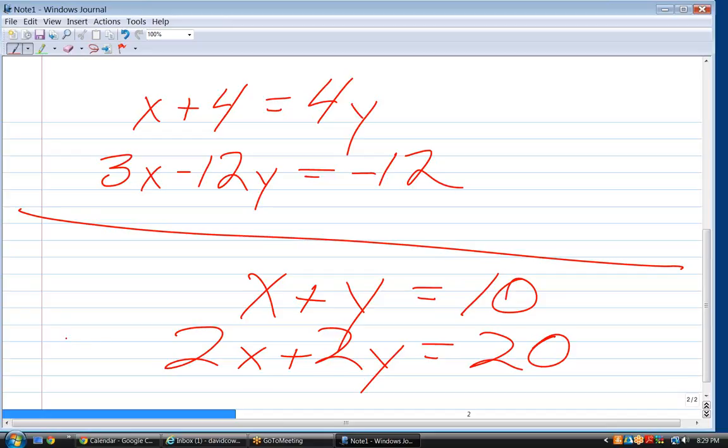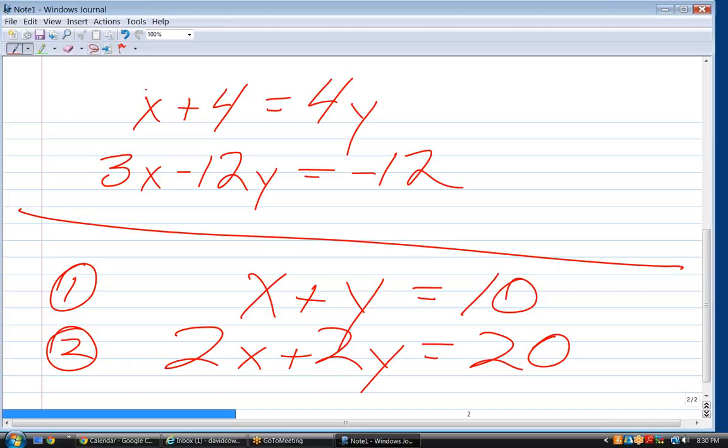Because equation number 2 is just equation number 1 multiplied by 2. It's just a multiple of equation number 1, so it's not different. And so I don't really have 2 equations and 2 unknowns. I have still 1 equation and 2 unknowns. So whenever you see 2 equations that are merely multiples of one another, then you know you have infinitely many solutions.